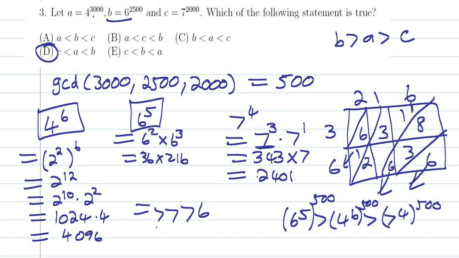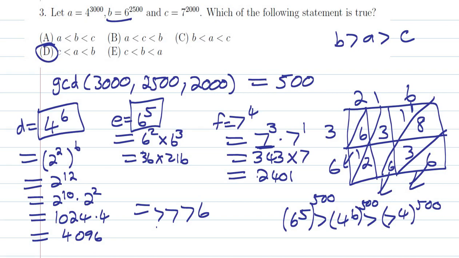So to order A, B, and C is equivalent to ordering D, E, and F. If we can order D, E, and F, then by raising that to the power 500, we get to order A, B, and C, because all of these numbers are positive.